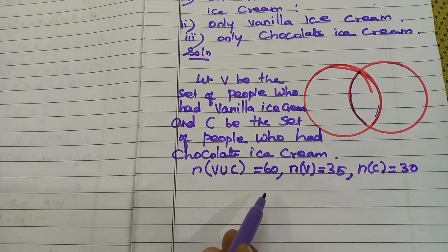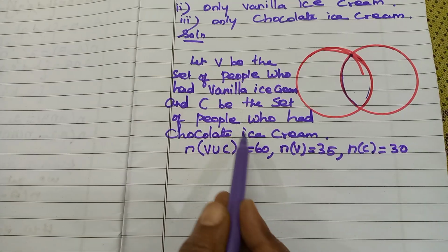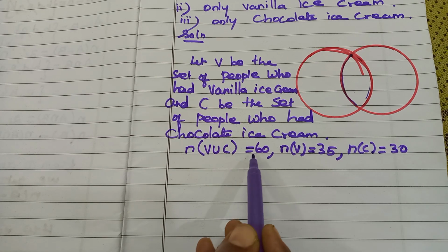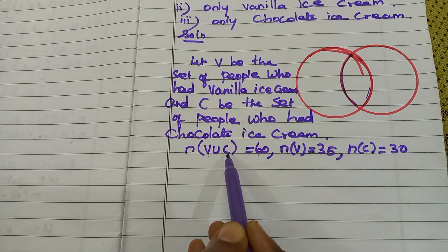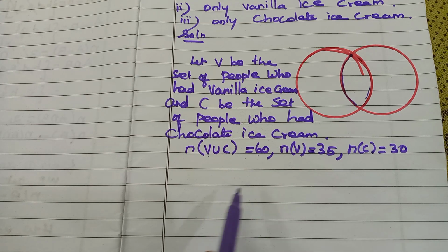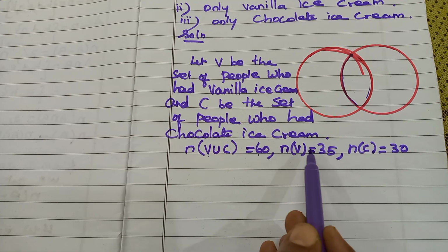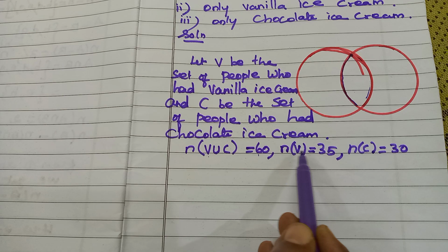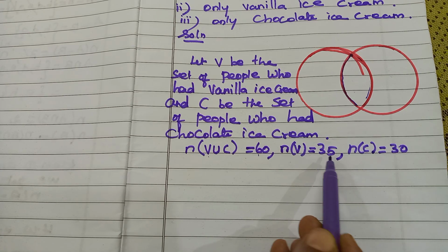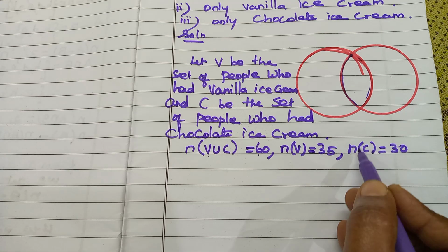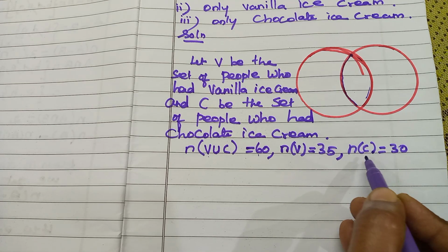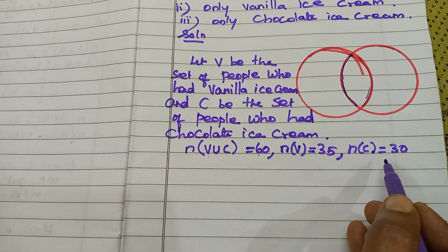Okay, did you understand this one? The total number of people is 60, that is V union C, vanilla and chocolate. Number of people having vanilla, that is n(V), is 35. Number of people having chocolate ice cream, that is n(C), equals 30. Understood, students?